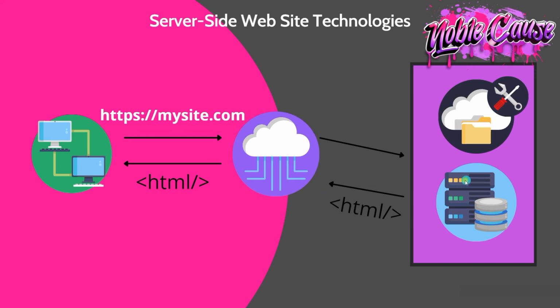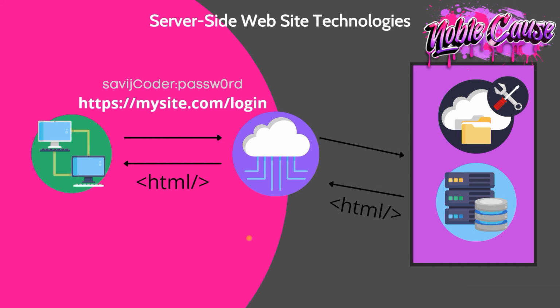In our case, we're going to assume that the page index.html, or an equivalent default page, is read from the folder. Any code that's on that page gets interpreted, and the server renders the web page in a language called HTML. That rendered web page is returned back to the computer that requested it, and your web browser reads that HTML and assembles the web page that you're used to seeing.